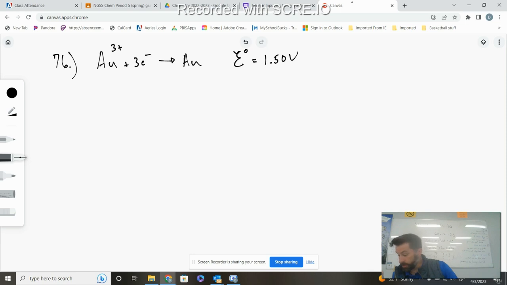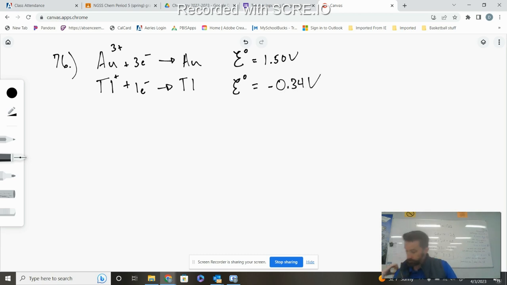And then they also give you that Tl plus, thallium, plus a single electron goes to Tl. And the cell potential for that is equal to negative 0.34 volts.